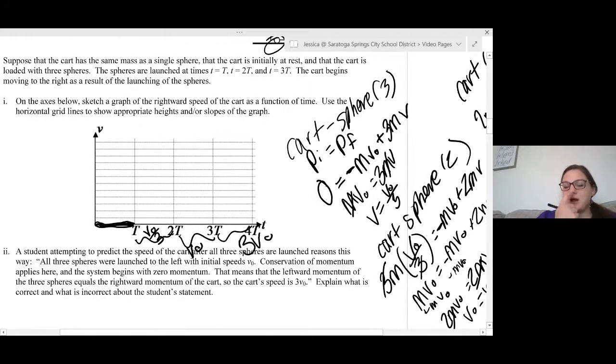Now, the reason why I wasn't graphing as I went with each one is because I didn't know how I was going to be able to set up these intervals. So it looks like there are 1, 2, 3, 4, 5, 6, 7, 8, 9, 10, 11, 12 graph lines. So I need to end at 3v0.